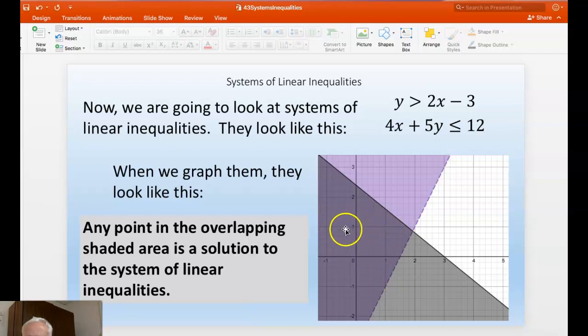Any point in this overlapping shaded area is a solution to this system of linear inequalities. There's a whole bunch of points that will make both of those true. You just graph each one individually, shade both areas, and see where the shaded areas overlap.